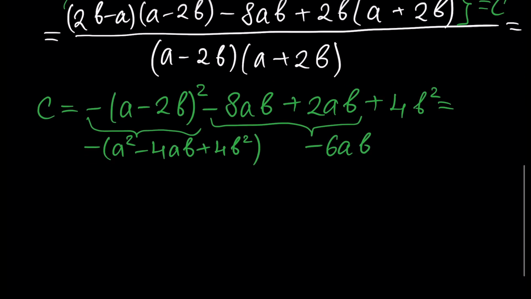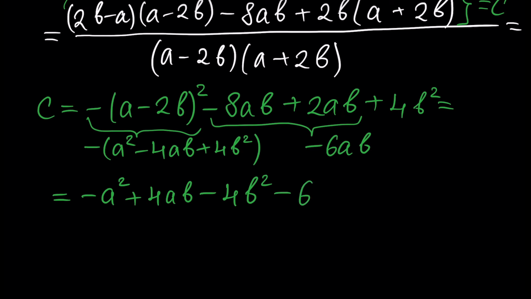Let's rewrite, and we will have minus a squared plus 4ab minus 4b squared minus 6ab plus 4b squared. We immediately note that we will have a cancellation here, and 4ab minus 6ab plus 2ab is equal to minus 2ab.